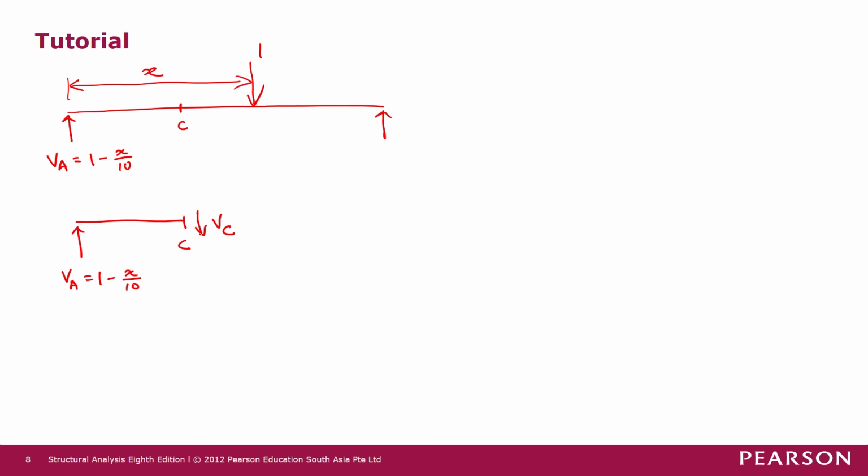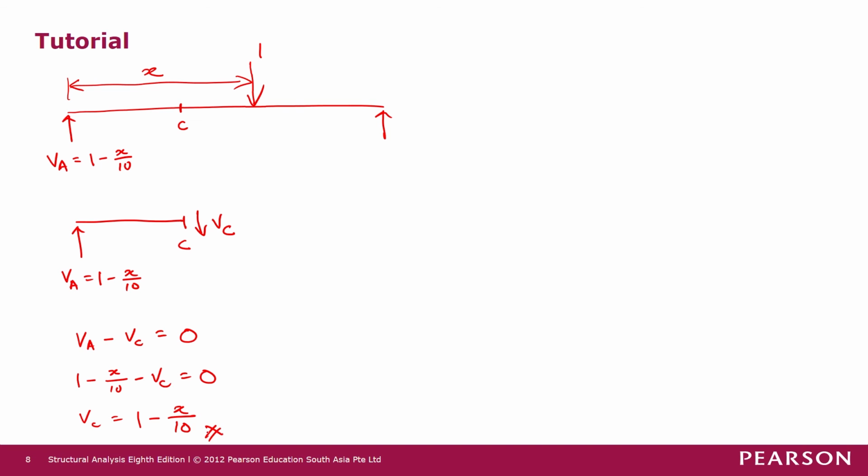If we sum all the forces in the vertical direction, taking vertical as positive, we have VA minus VC equals 0. So 1 minus x over 10 minus VC equals 0, so VC equals 1 minus x over 10.